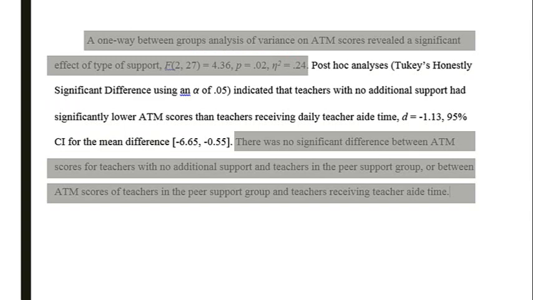Next sentence, post hoc analyses, Tukey's honestly significant difference using an alpha of .05. So post hoc analyses indicated that teachers with no additional support had significantly lower ATM scores than teachers receiving daily teacher aid time. Here I've reported the effect size. I don't, strictly speaking, need to report the sign of the effect size. I could just say d equal to 1.13.